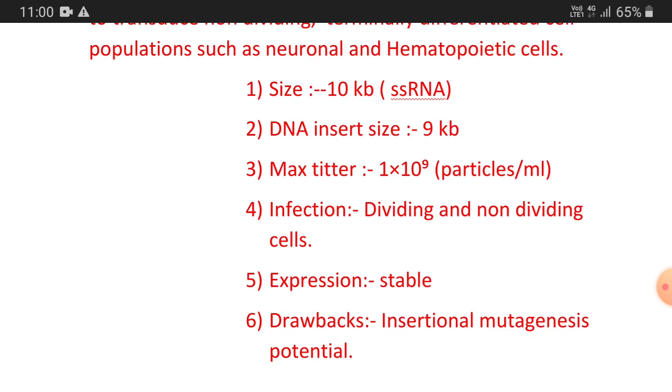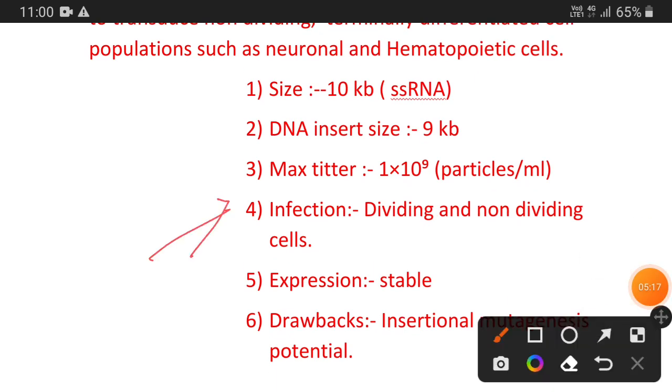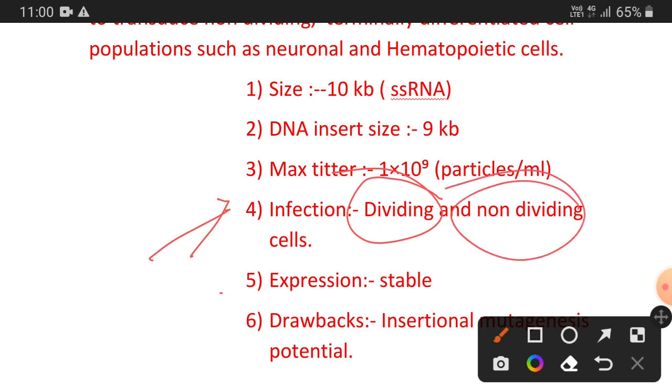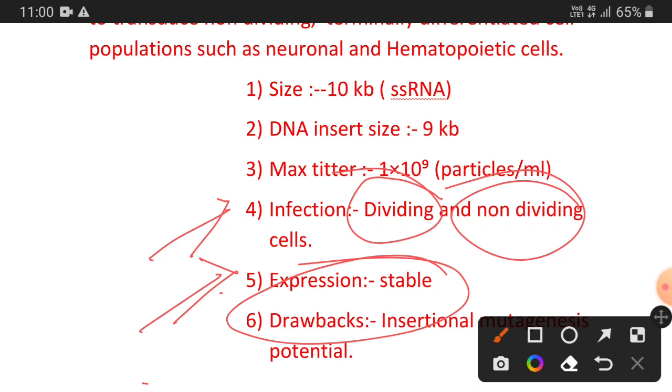But the difference is in infection, because retrovirus was capable of only infecting dividing cells. Lentivirus can transfect non-dividing cells too, and it transfers the transgene via the active nuclear import pathway. Mind this very carefully. Expression is stable because it can integrate with the host genome.